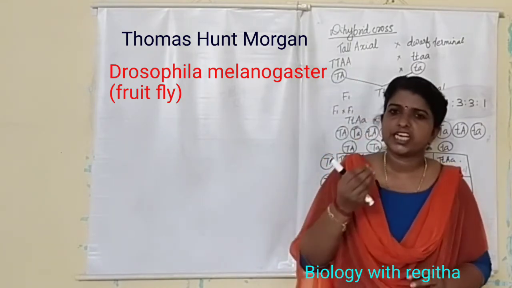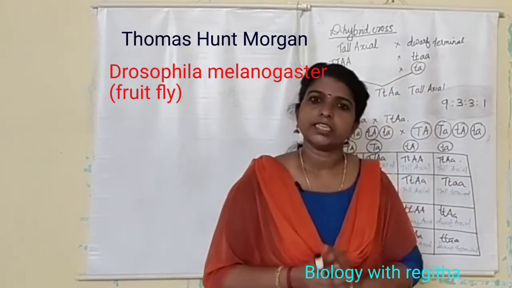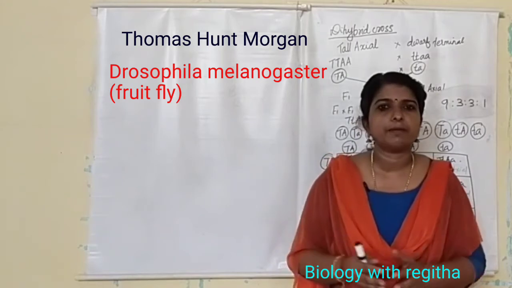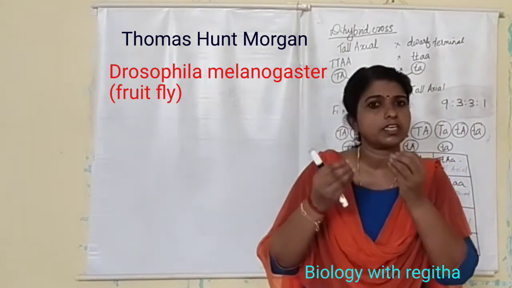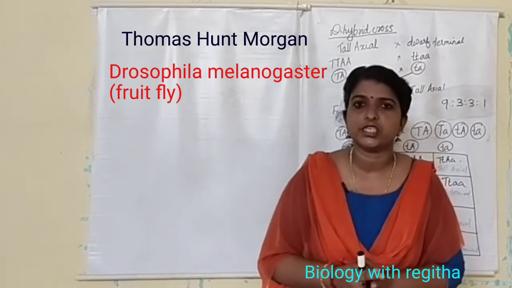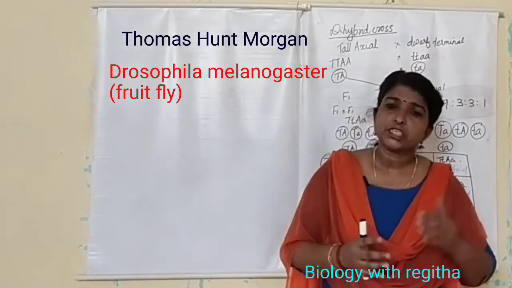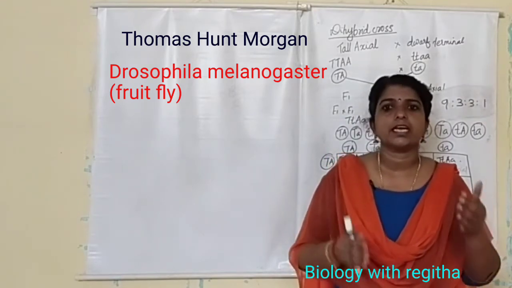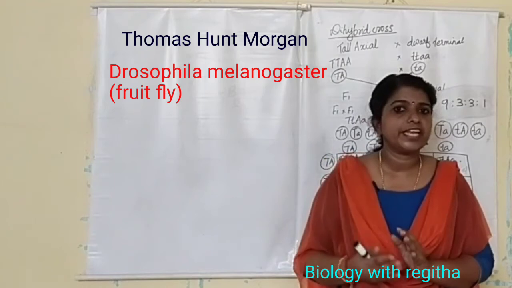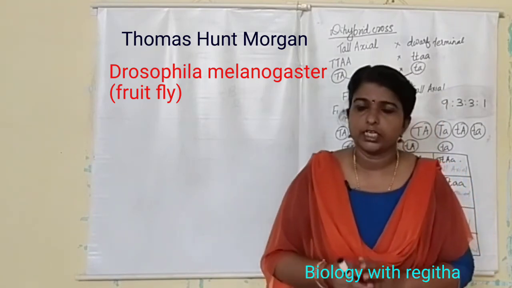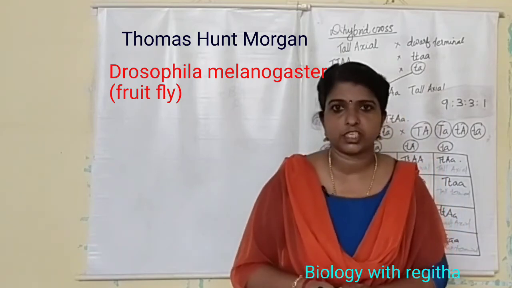Second thing, in a single mating, it can produce a large number of progenies. Third thing, the male and female Drosophila can be easily identified. There are marked differences, so it is very easy to identify which is male and which is female. Moreover, it shows many physical hereditary characters, so many variations it shows. So Morgan selected Drosophila for his experiments.